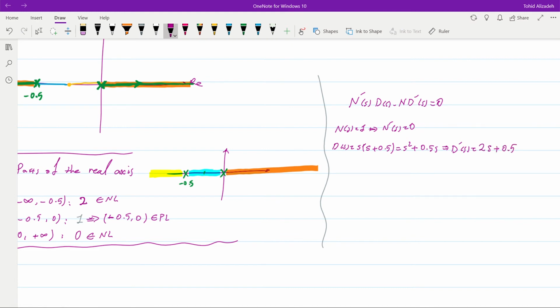If we plug these values in, we will have 0 times D of s minus 1 times (2s plus 0.5) equal to 0. Therefore, we will have 2s plus 0.5 equal to 0, and out of this we will get s equal to minus 0.25.